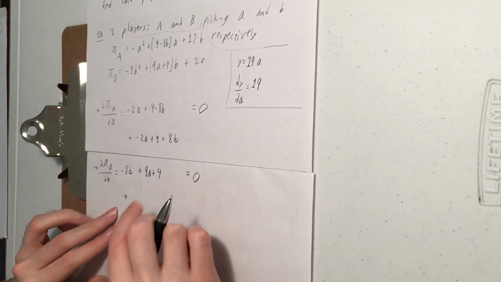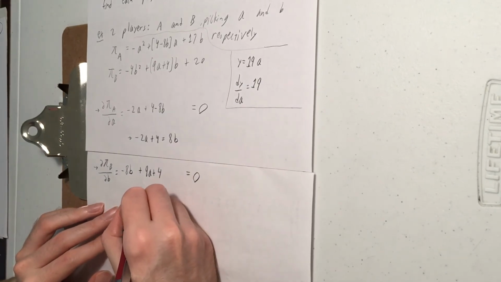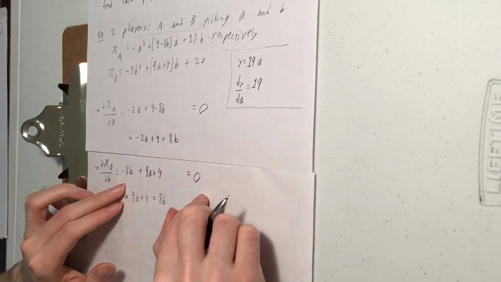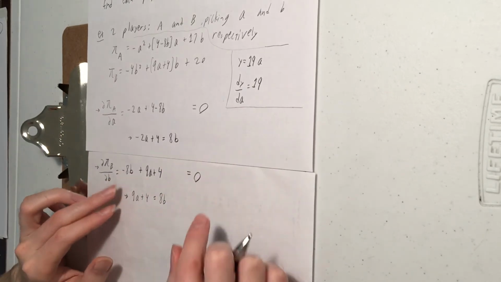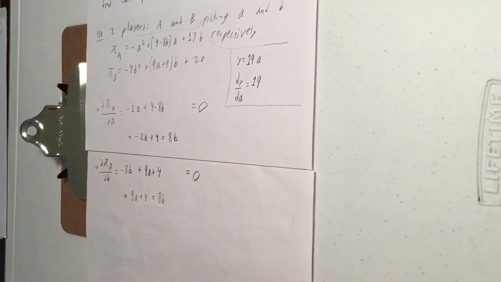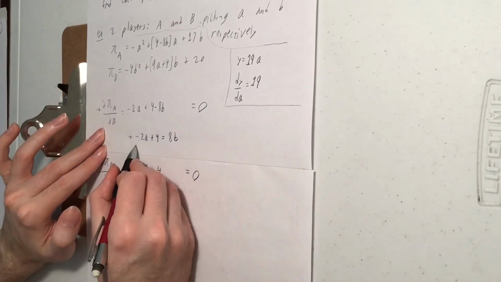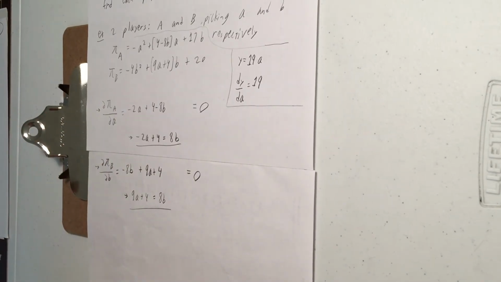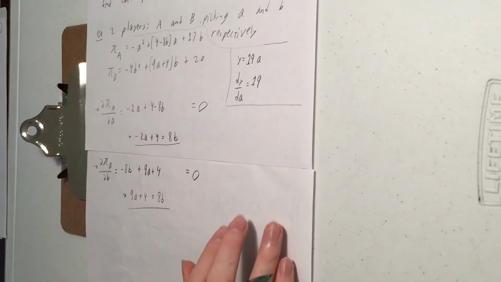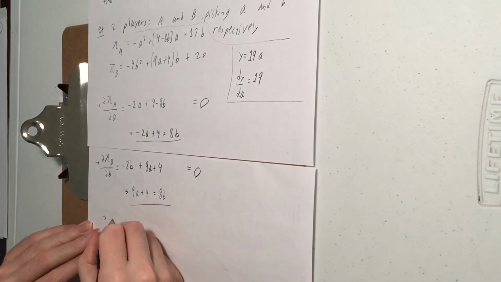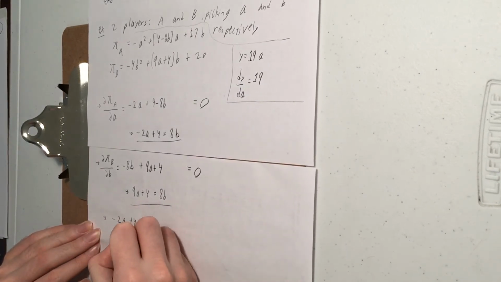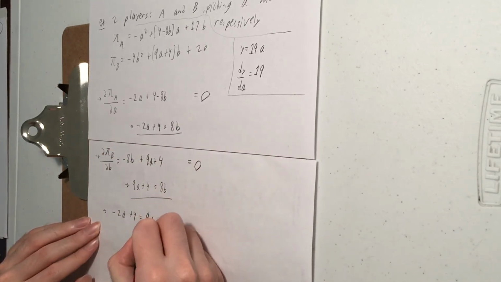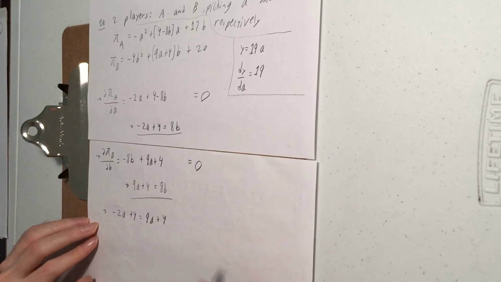For this equation, same trick. 9a plus 4 equals 8b, just moving this to the other side, I get that. So let's sub out the 8b's, and we're going to get that minus 2a plus 4, which we have over here, equals 9a plus 4.